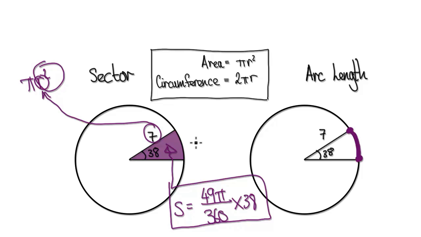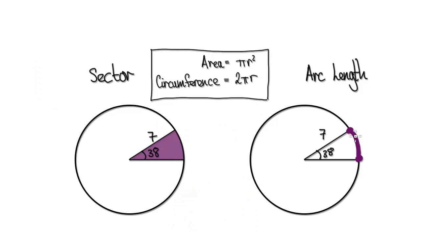So now let's work out the arc length. Same idea, but this time you use the whole circumference, because you're working out an arc length. A length is like a piece of string. What we worked out earlier was an area, which is like a sheet of paper.